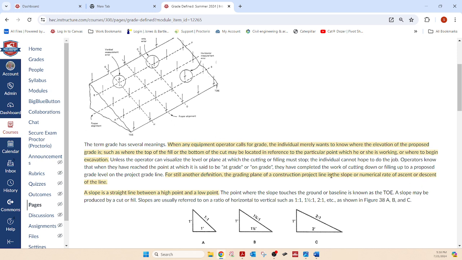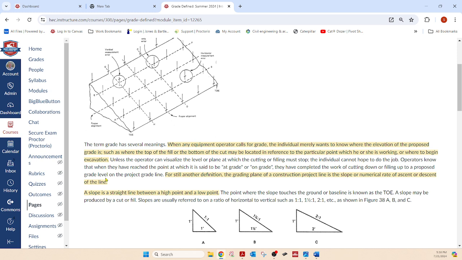So operators know that when they have reached the point which is said to be at grade or on grade, they have completed the work of cutting down or filling up to a proposed grade level on the project grade line. Still another definition, the grading plane of a construction project line is the slope or the numerical rate of ascent or descent of the line.